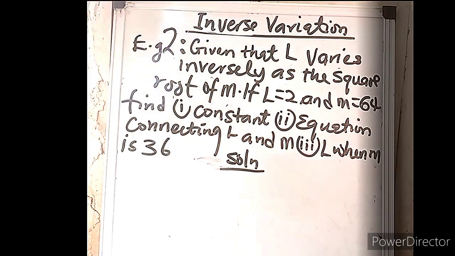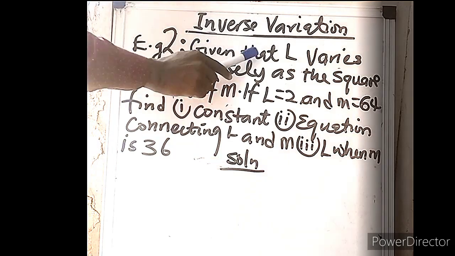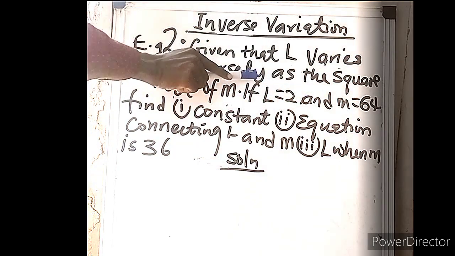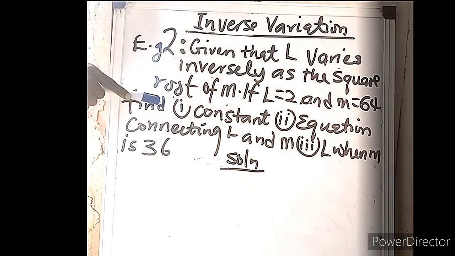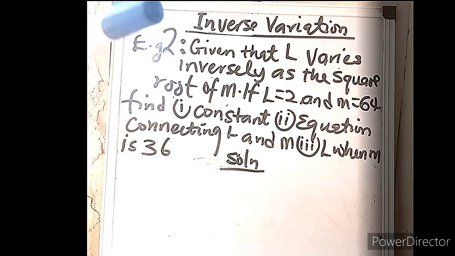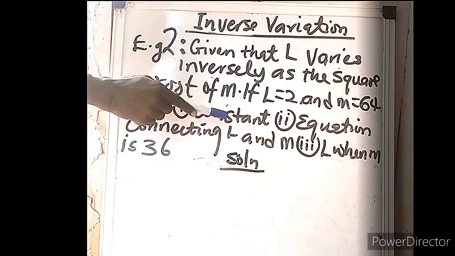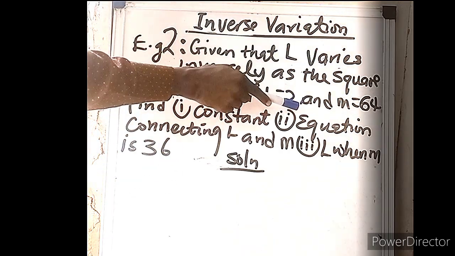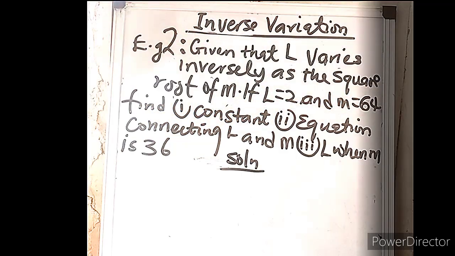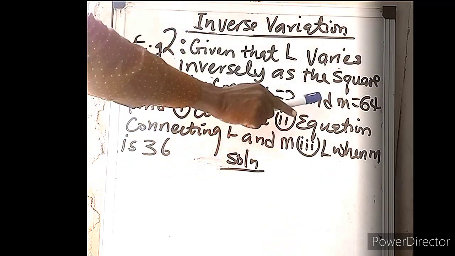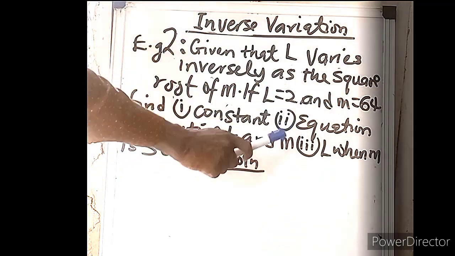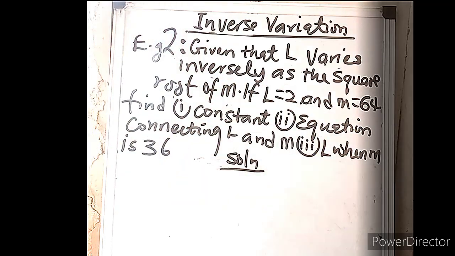Given that L varies inversely as the square root, you first of all ask yourself, what is the square root of m? If L equals 2 and m equals 64, find the constant, the equation connecting L and m, and L when m equals 36.